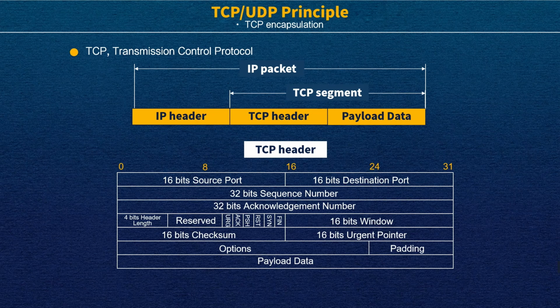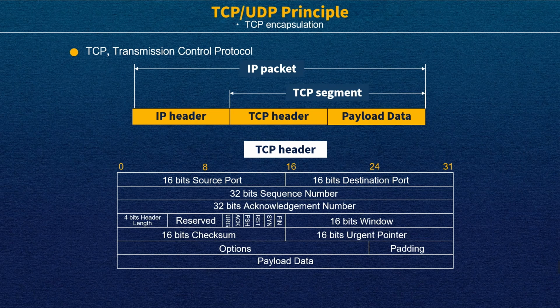And for the next part, maybe we can skip the first 4 bits, the header length, and the reserved bits. We have a very typical one, the 16 bits of the window. And about the window, this is used to negotiate the ability: can we use this segment number to send the message or not?